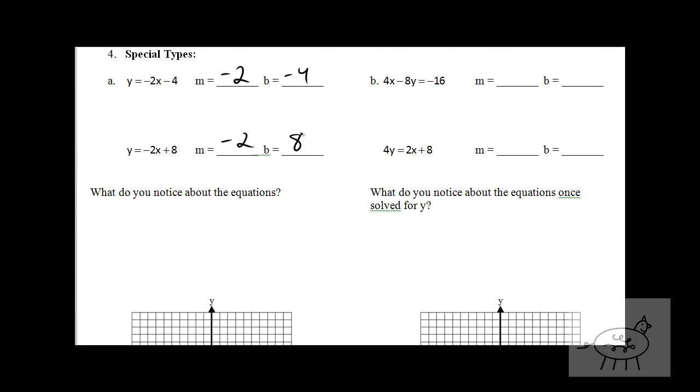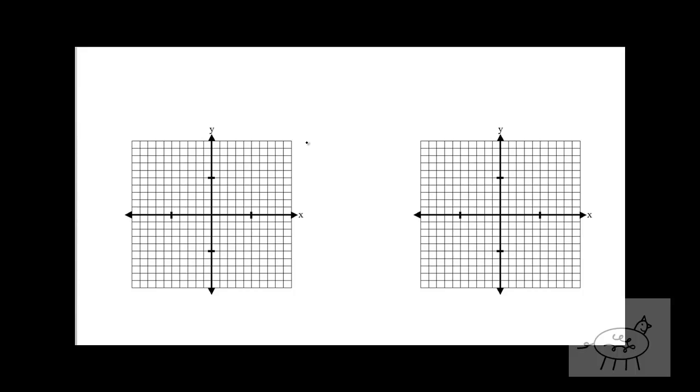If I graph these, negative 4 is down here, and the slope is negative 2, so down 2 to the right 1, down 2 to the right 1. Let's go the other way, up 2 to the left. It's following a straight line here.